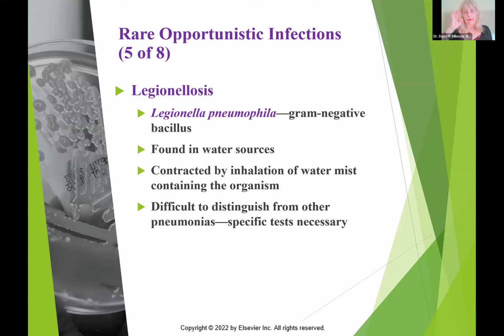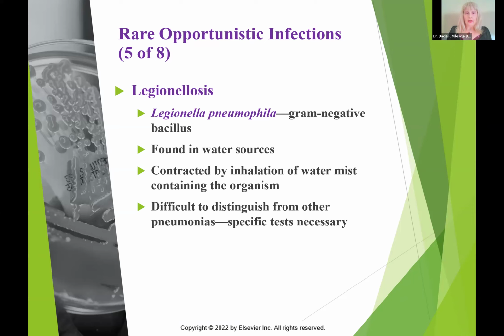It's a gram-negative bacillus. Again, it's a rare opportunistic infection, but if the AC unit is old, the water has not been cleaned, and the water is stationary, has not been changed, bacterial buildup can create this culture of Legionella pneumophila.